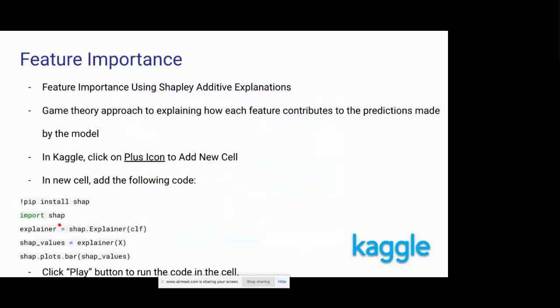Then you're going to create a variable called explainer, and it's going to be explaining the features of the previous model, the CLF variable. Then we're going to create a horizontal bar graph of our Shapley values. And you're going to click play to run the code in the cell.